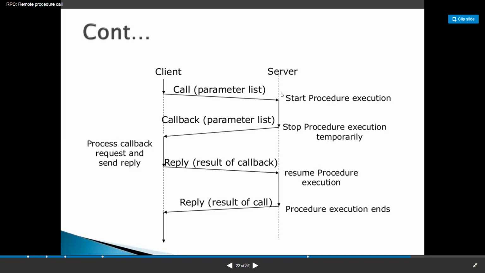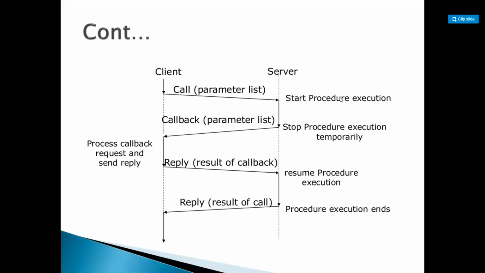The server is not executing. The server is blocked. After receiving the call, the server starts the procedure execution. Whenever the server starts procedure execution, the client stops. Okay, after executing, what will it give? Stop procedure execution temporarily. Sometimes the server may ask for some callback, which contains the parameter list.